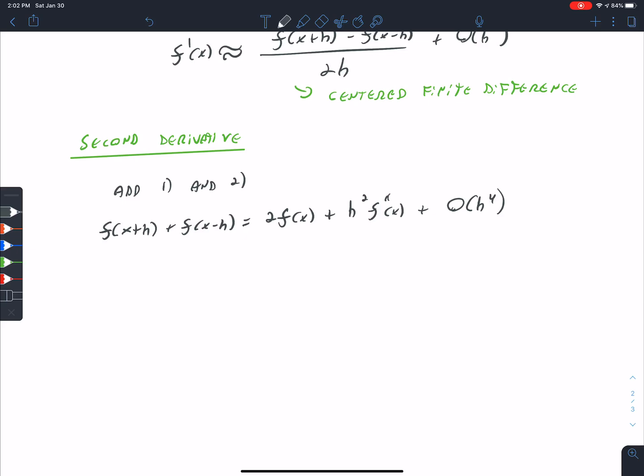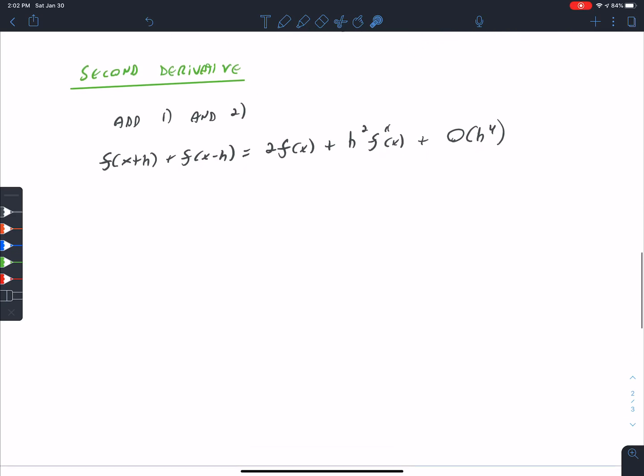And once again, we do the same trick. We would like to now estimate, isolate this term, and put it on the left-hand side. And we're going to have to divide all the other terms on the right-hand side by h squared. So h to the fourth divided by h squared becomes h squared. So let's write this formula down.